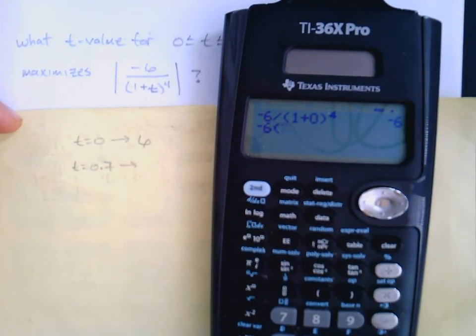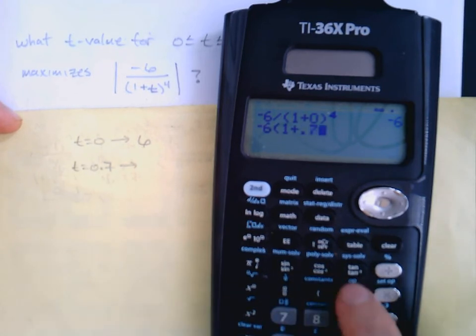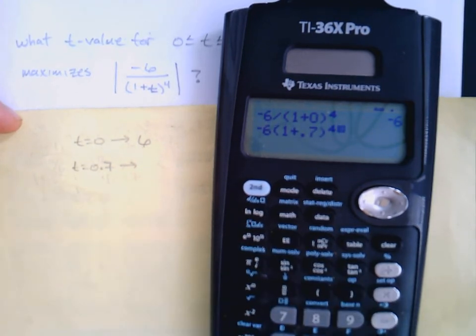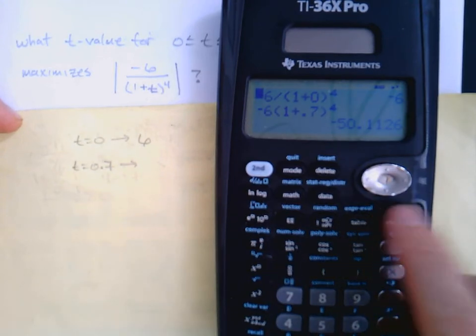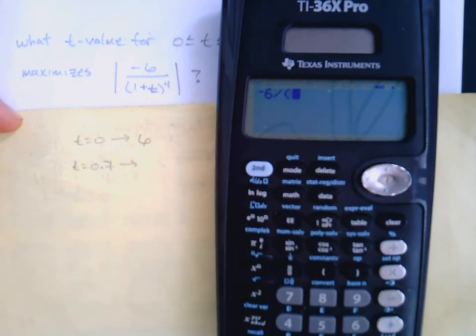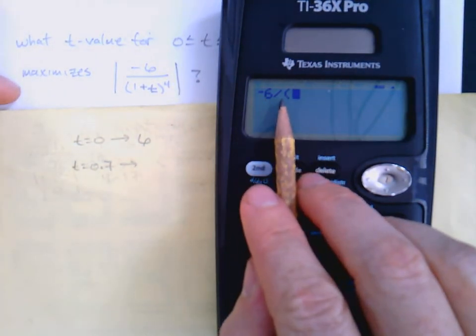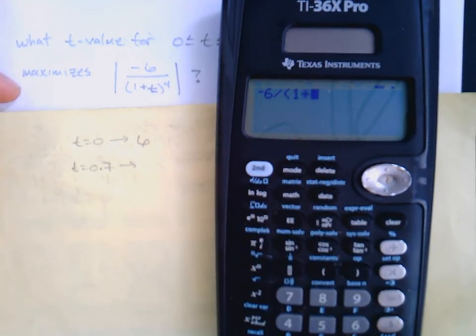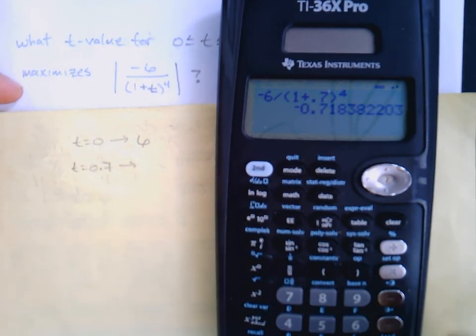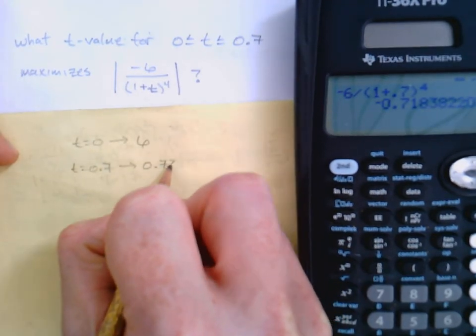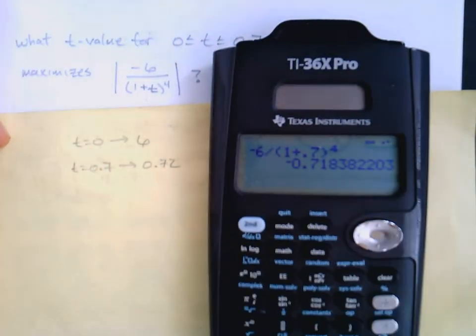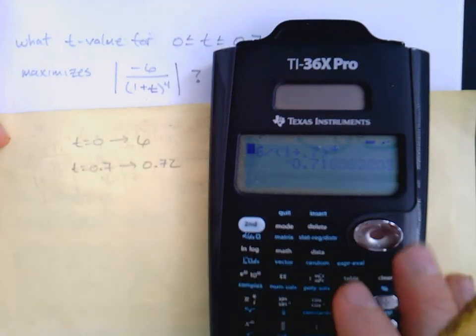Negative 6 over 1 plus 0.7 to the fourth. Oh, I multiplied there. Wow. My mistake. I meant to say negative 6 divided by 1 plus 0.7 to the fourth. Okay, an absolute value, 0.72 or so. Well, clearly the bigger one is 0.